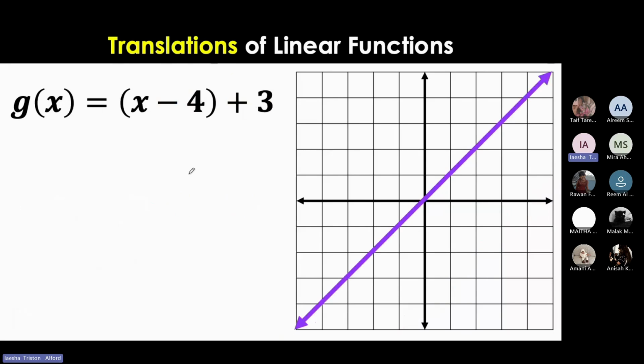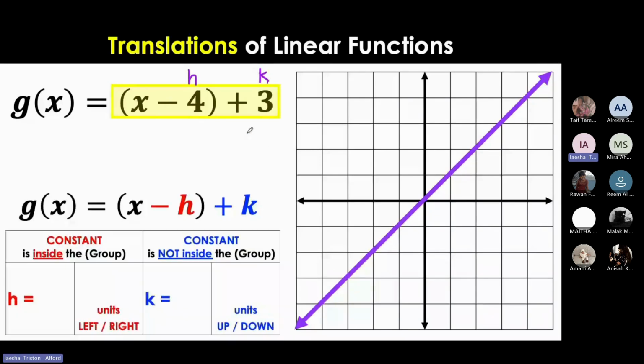So here we have both. h is inside the group and k is outside the group. So h, what do you see with your eyes? I see -4, but it is +4. So +4 units what?